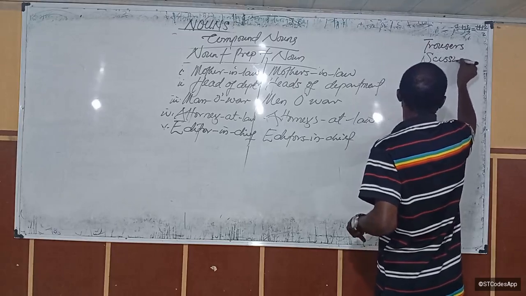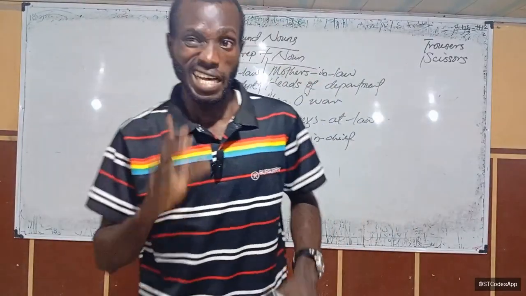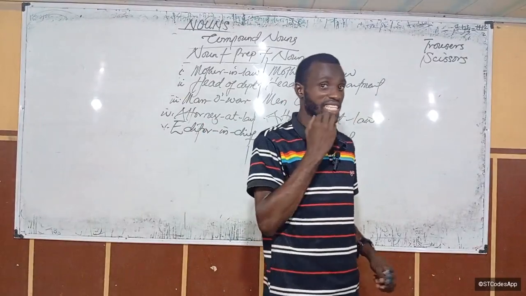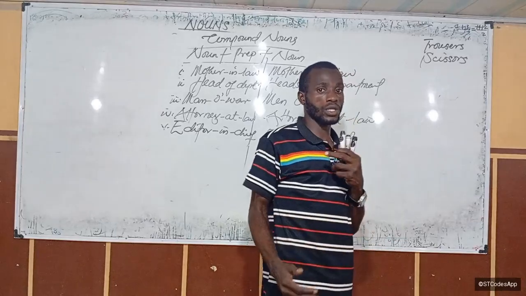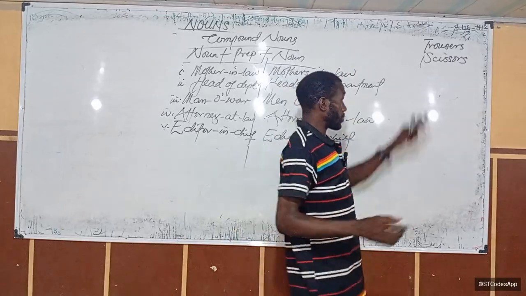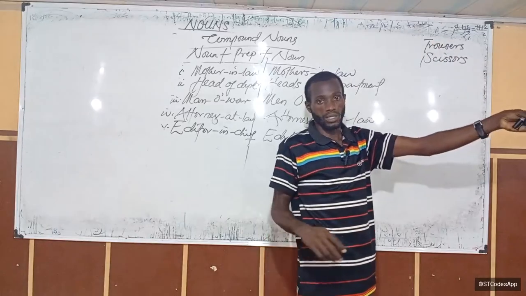Scissors. Do you get it? Now these words are always pluralized, and they always take plural verbs. Is that okay? Scissors are bad. Trousers are long. Do you understand? Not trousers is long. And that's the way we spell them naturally. Trousers. Give me my trousers. Is that okay?